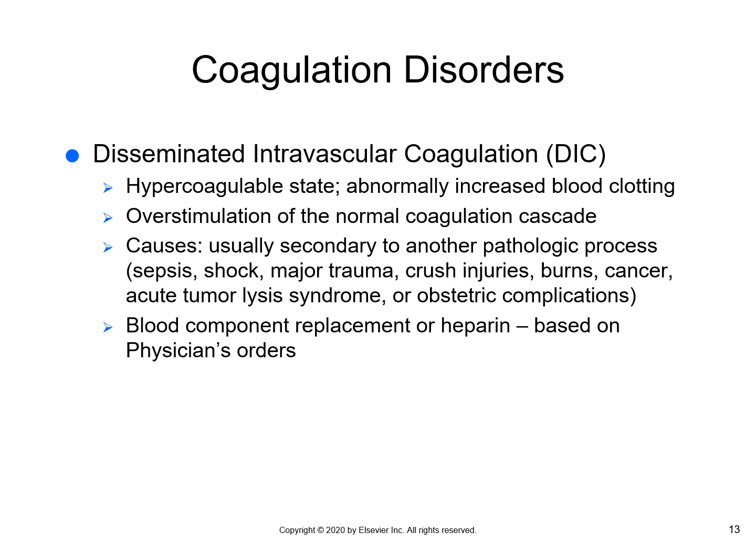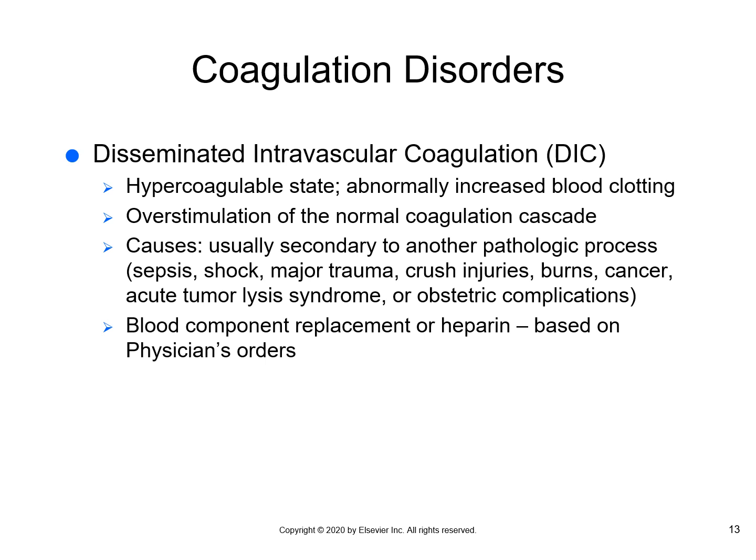Common cause is usually secondary to another pathologic process like sepsis, shock, major trauma, crush injuries, burns, cancer, acute tumor lysis syndrome, or obstetric complications. So how do we treat this condition?